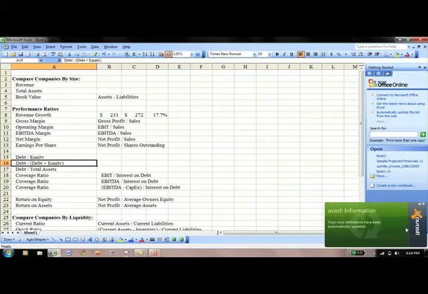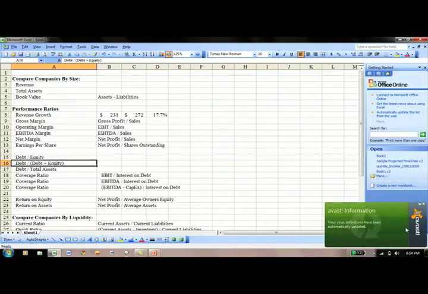Now there are other things that also matter. When you take on debt, you have to service that debt, which means that you have to pay off interest on that debt either every month or every quarter or every 6 months or every year. And so a company needs to know if it's going to be able to generate enough operating profit to pay off the interest on its debt.